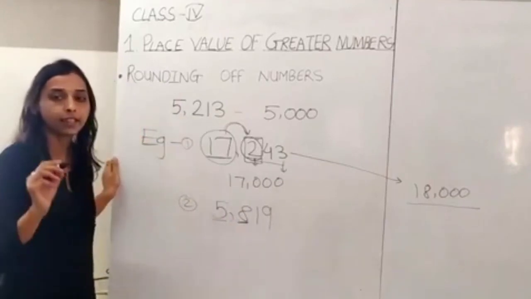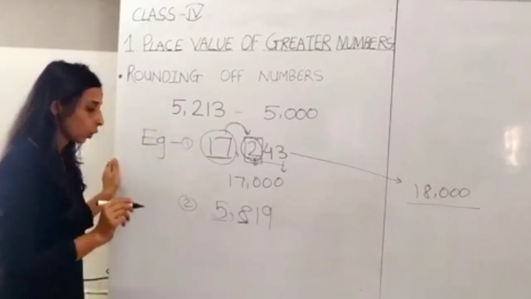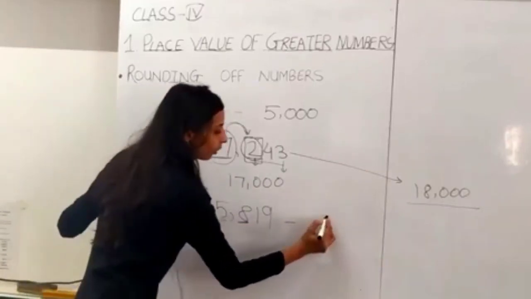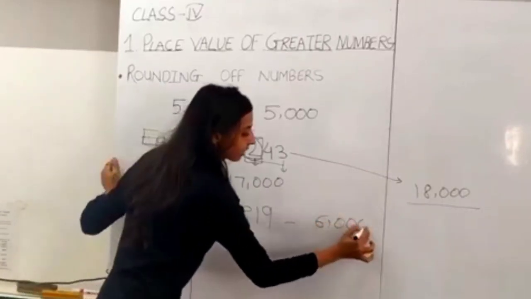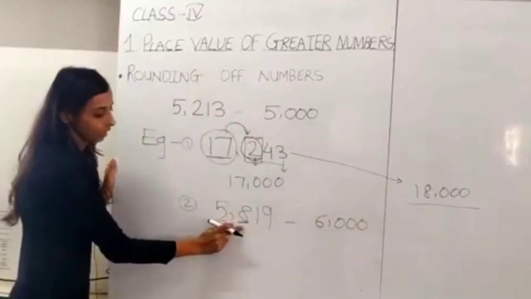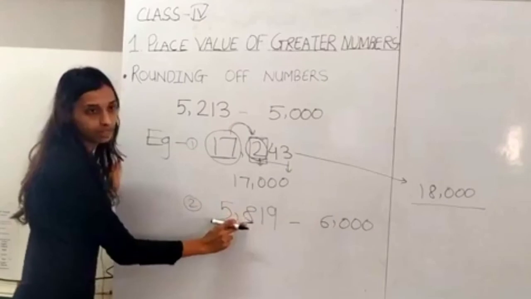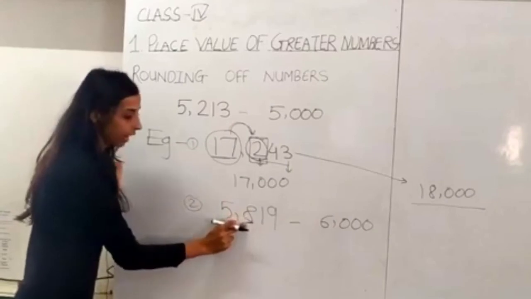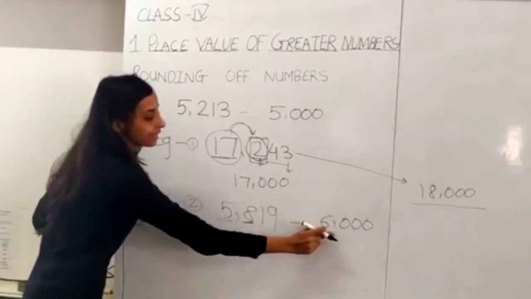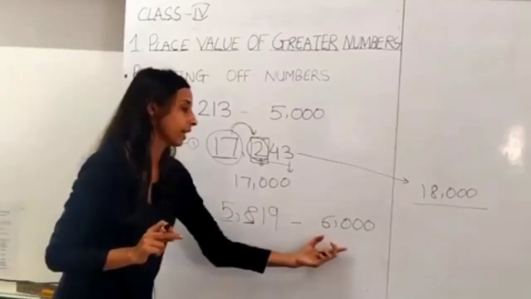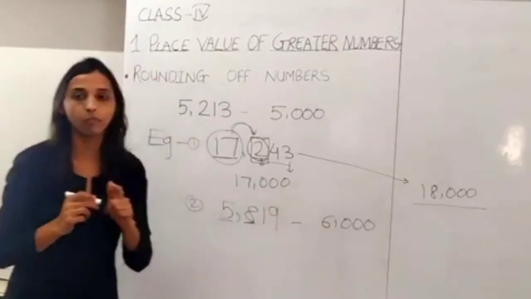Now 8 is greater than 5, so this number will be closest to 6,000. I can round off this number to 6,000 because the digit next to the thousands place is greater than 5. That's why I round it to 6,000, which means round up, don't round it down. This is called rounding of numbers.